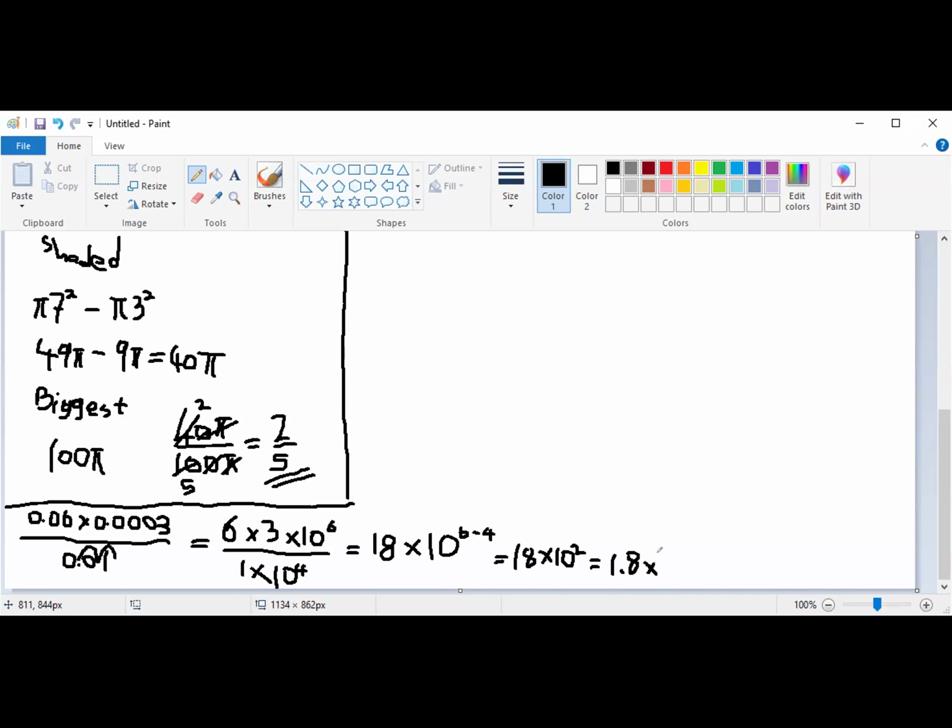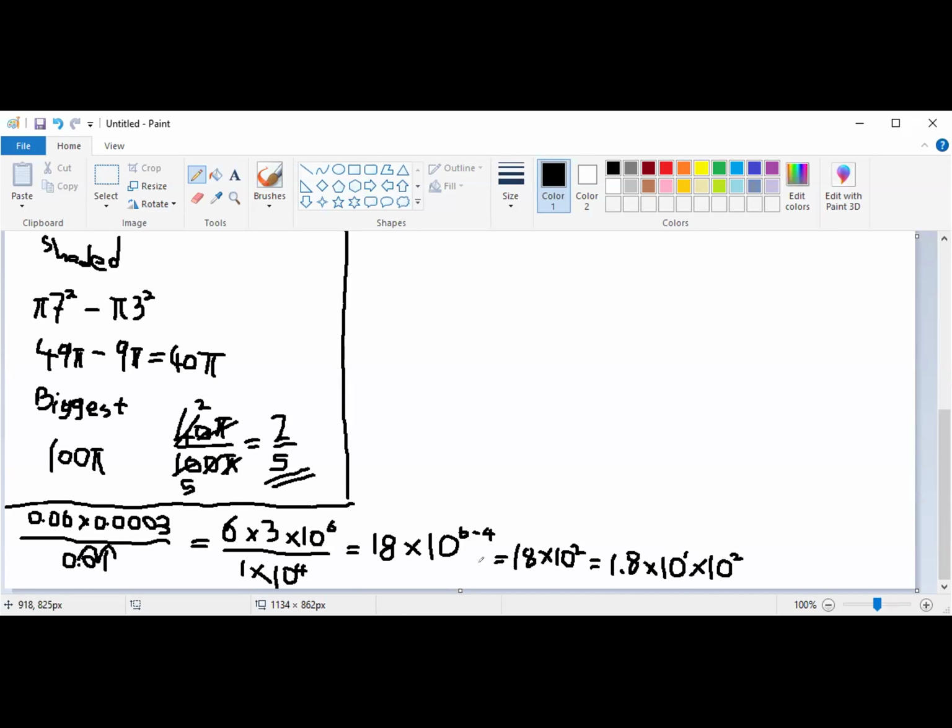Now, just watch what I'm going to do. Times 10 raised to power 1, because that's what would have made it go back to 18. Okay? Don't forget, I'm not done. Don't forget that there was already 8 times 10 raised to power 2 there. Isn't it? Oh, yes.